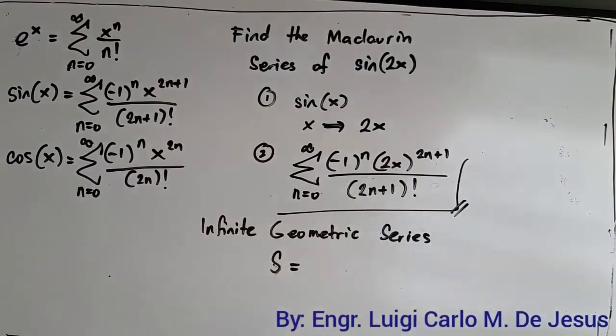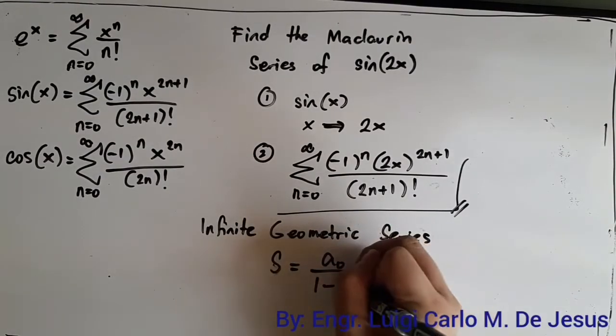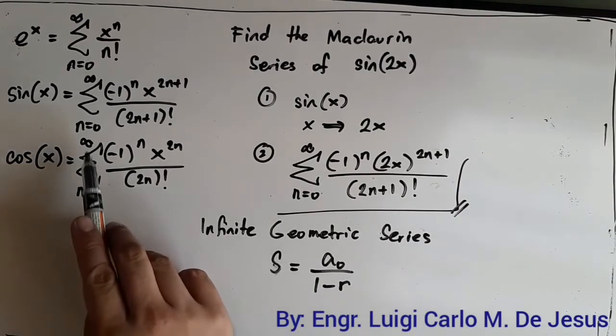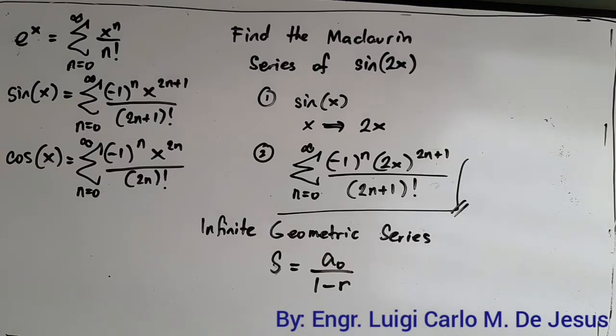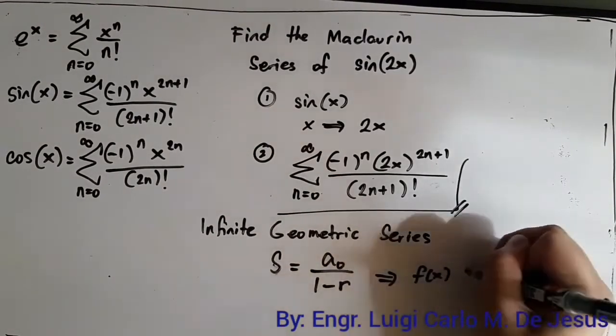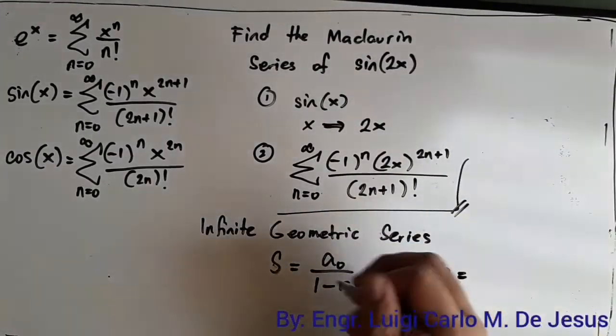This is equal to a sub 0 all over 1 minus r. Now, if we apply the rule of the power series, we all know that the upper limit of the power series is equal to the infinite. In doing so, we could clearly say that the function f sub x could be equal somewhat to this format.